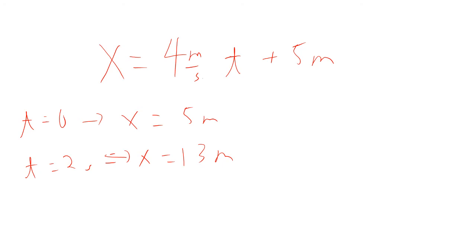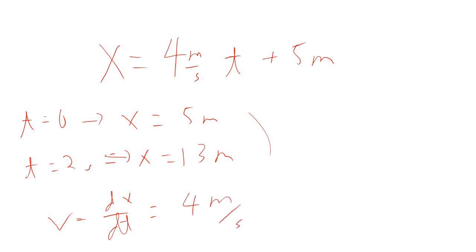Well, I want to know what is the velocity. To find the velocity, I could say, well, I changed 8 meters in 2 seconds. Or I could say the velocity is dx dt. If I take the derivative of that, I get 4 meters per second.